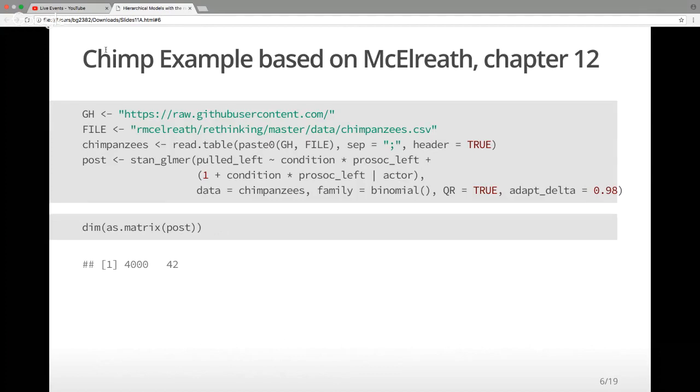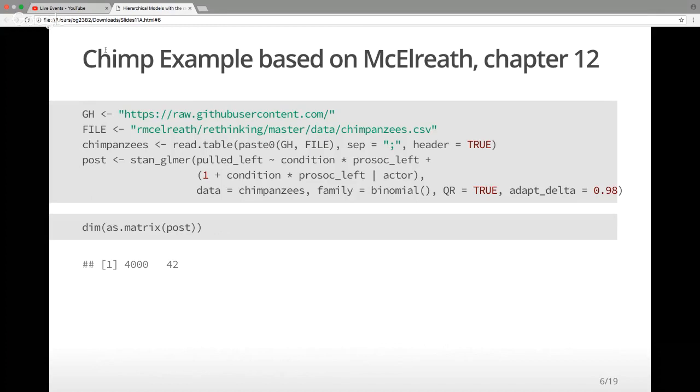So all that said, you can download the data from his GitHub repository, and in rstanarm you can call the stan_glmer function to estimate a multilevel model. Pull left is a binary variable indicating whether the chimpanzee pulled the lever on the left.